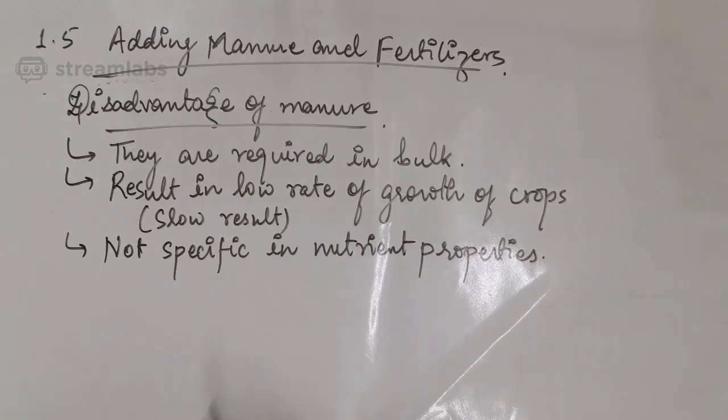Not specific in nutrient property means they are not having any particular nutrient which may be required by the crop in the field, which is deficient in some particular nutrient. If the field is requiring nutrient like nitrogen and the manure is containing a lot more than nitrogen, that won't be resulting in fast or quick crop production.